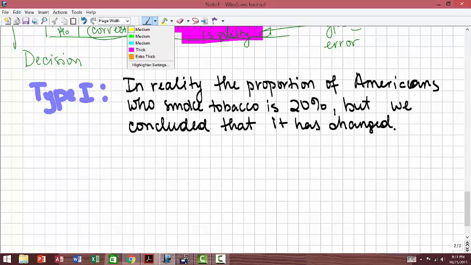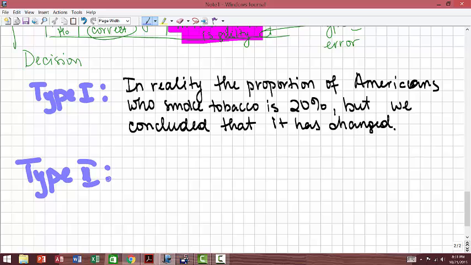What about type 2 error? Okay, so type 2. Type 2 error means when the null hypothesis is false, but we fail to reject it. Okay?